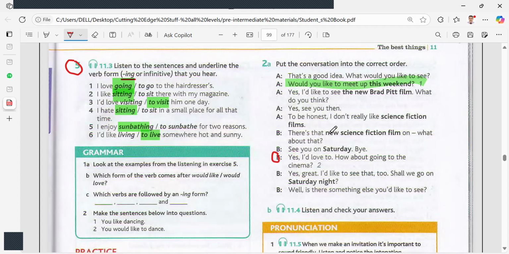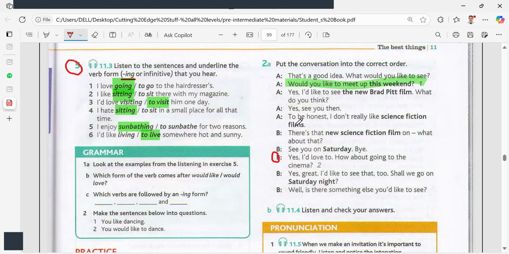What about, who can you complete? Okay. Yes, I'd love to. How about going to the cinema?